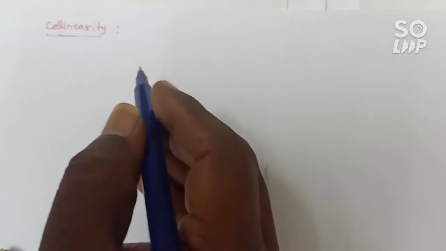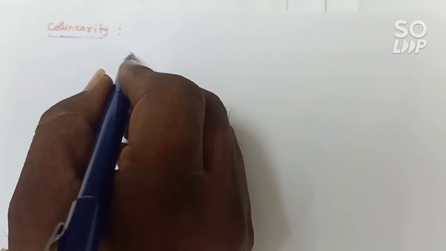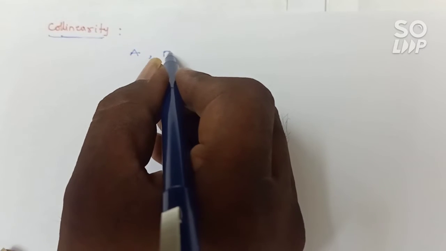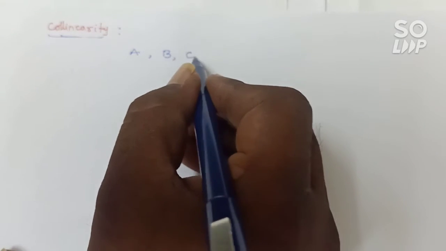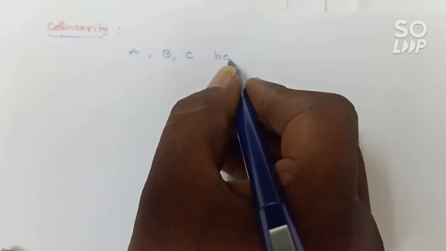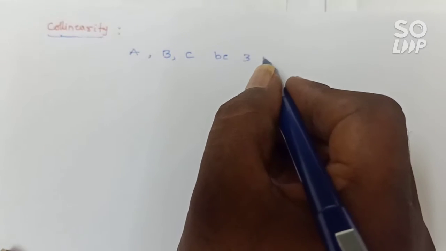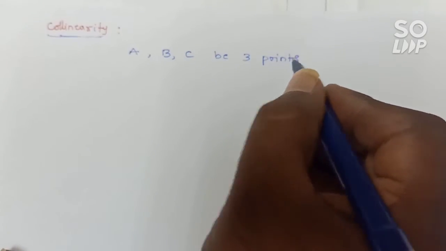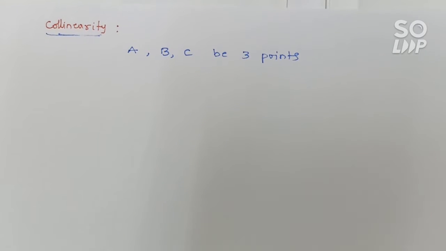What is meant by collinearity? Suppose you take 3 points, let A, B, C be 3 points.